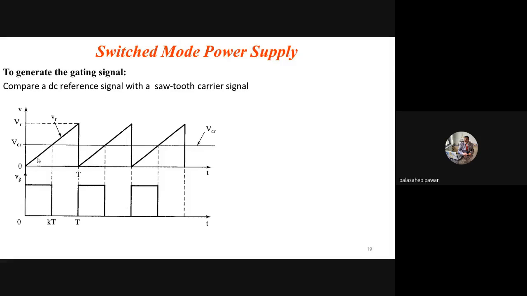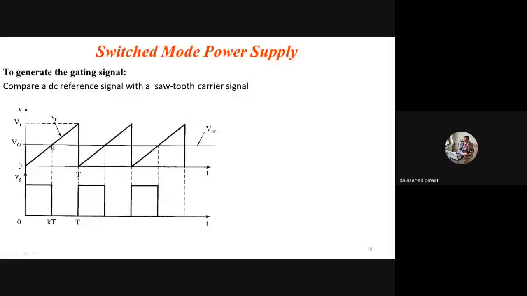So in this case, you will observe for time period 0 to KT, the output of that comparator will remain logic high. At KT, as both input signals are equal in magnitude, that means over here, the amplitude of VCR and the amplitude of this sawtooth will be equal.